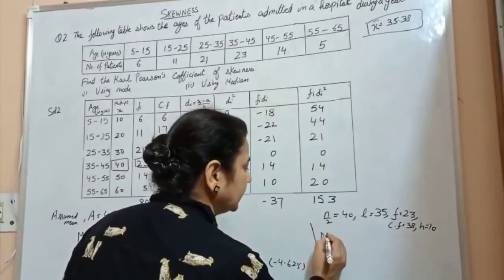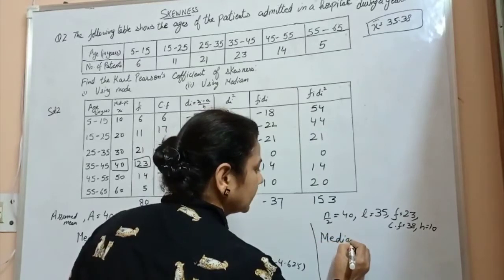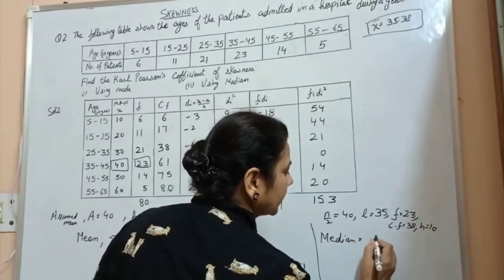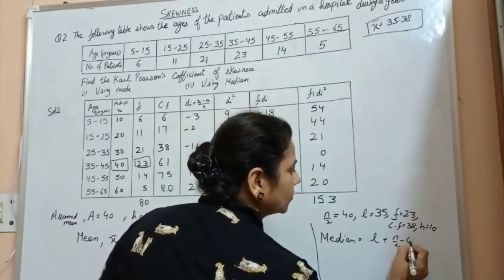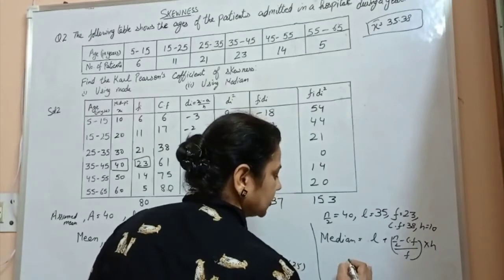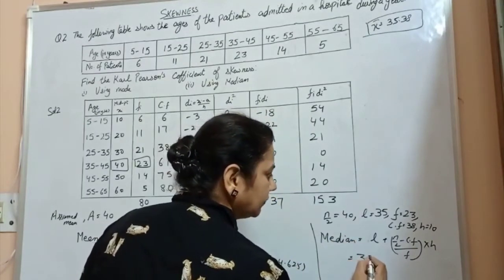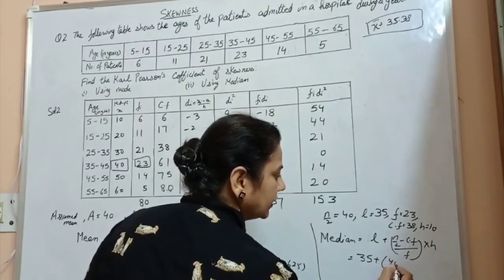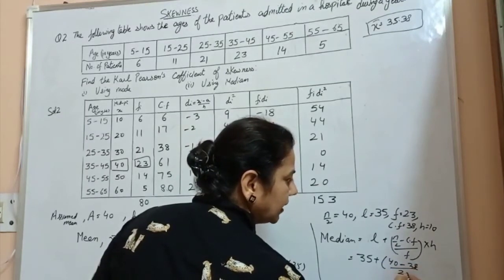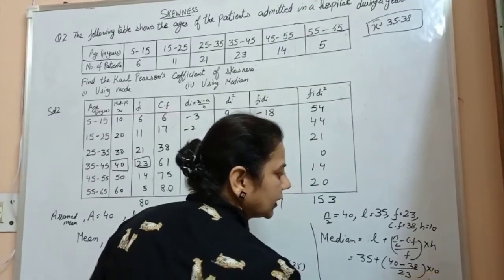So the formula for median is L plus n by 2 minus Cf upon f into h. Substitute the values: 35 plus 40 minus 38 divided by 23 into 10.